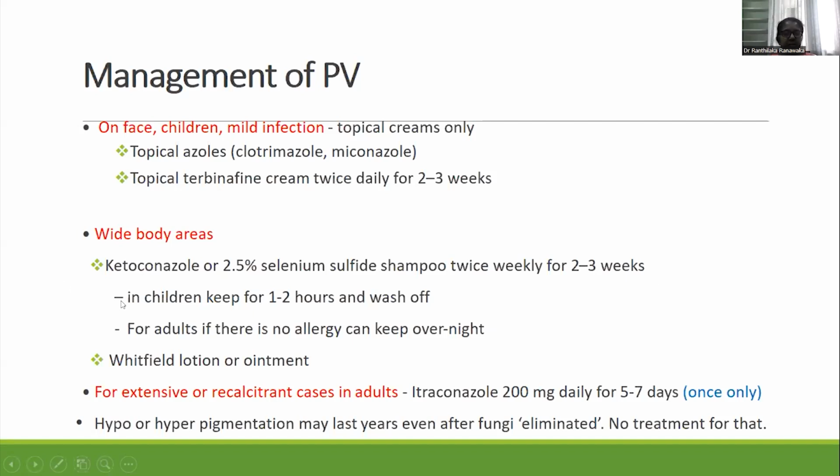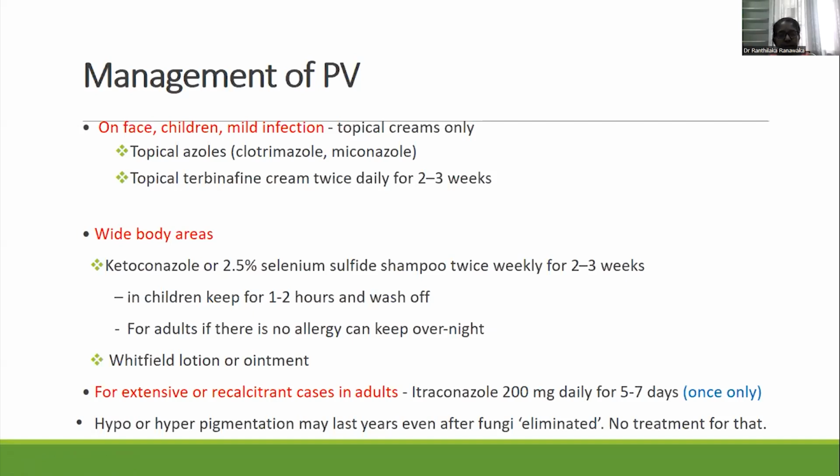So in children, because it's a wide area, we ask them to keep it for 1 to 2 hours and wash off. But for adults, if there's no allergy, they can keep it overnight. In textbooks, you might see that they have instructed to keep it overnight, but be careful, first check for allergy, ask them to apply and wash it off in 2 hours.